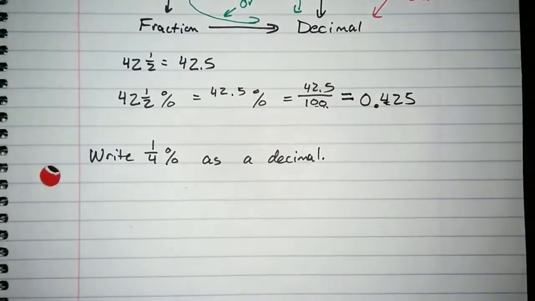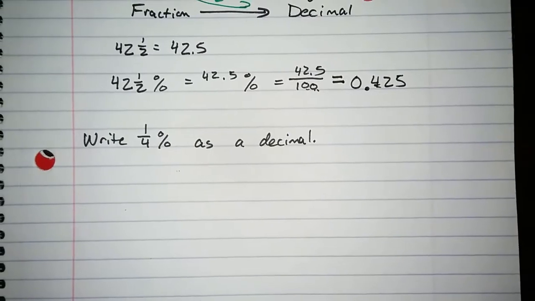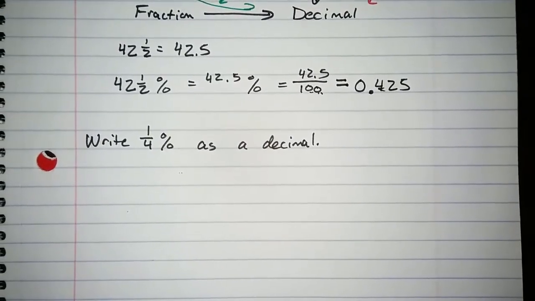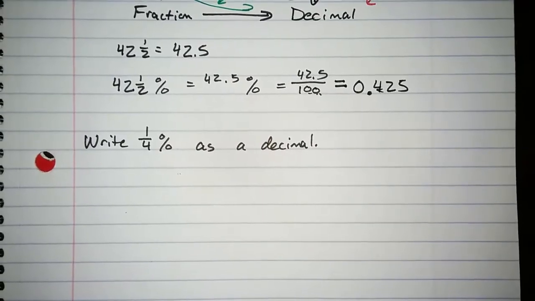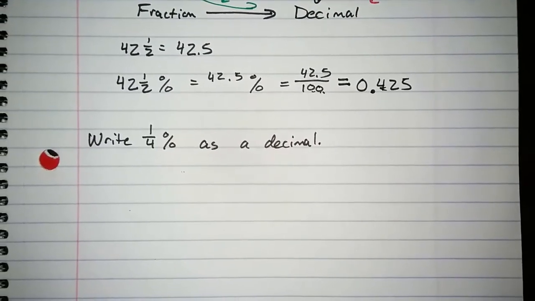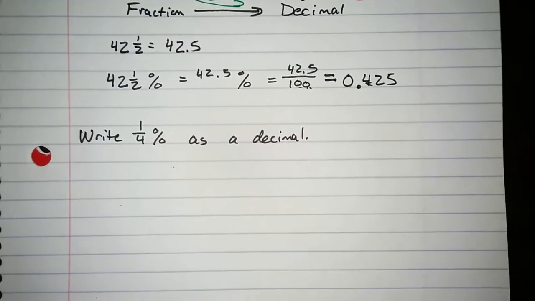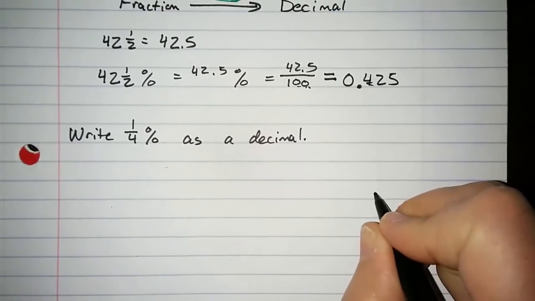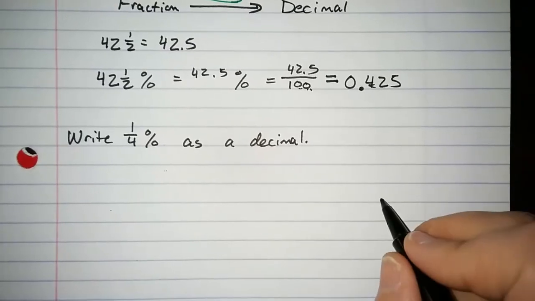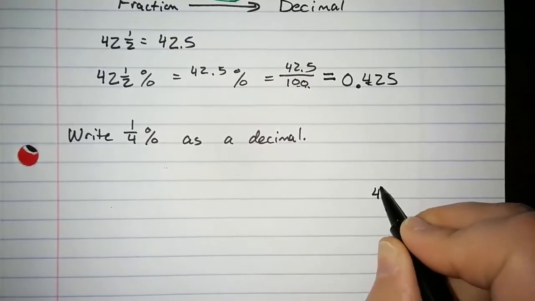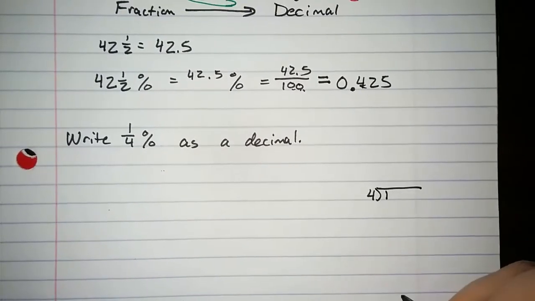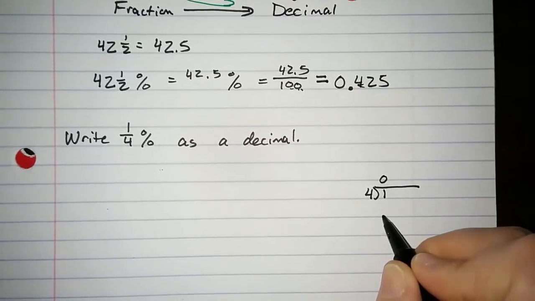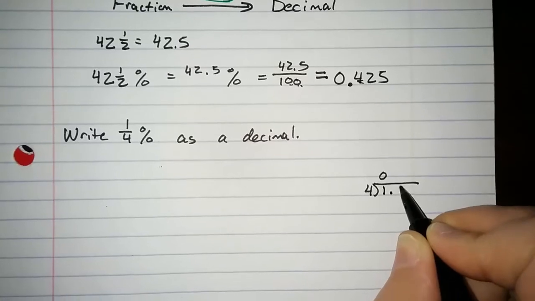Write 1/4% as a decimal. Pause the video and try this now. All right, 1/4%. I'd like to convert 1/4 to a decimal. I think in this case, division is going to be the easy way to go. 4 goes into 1, not at all, of course.